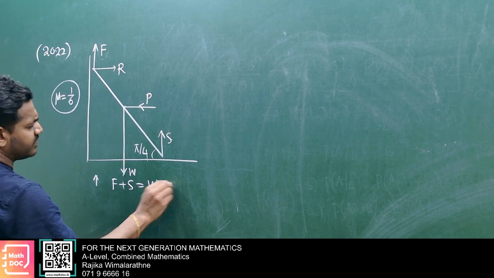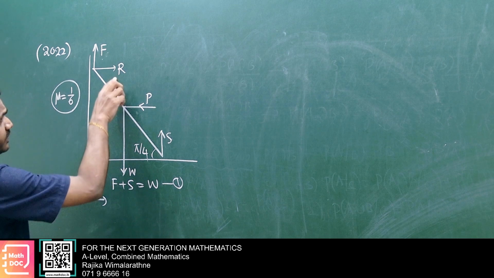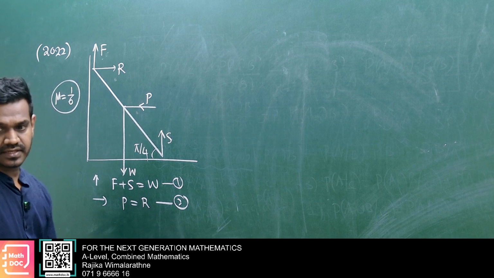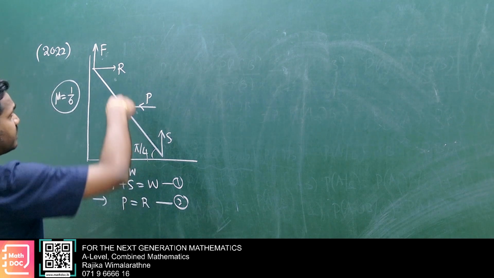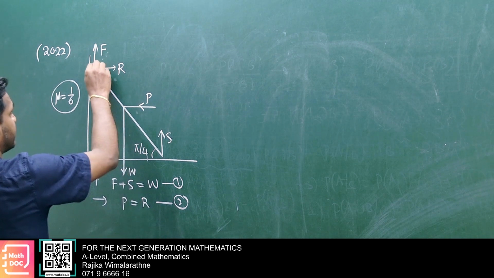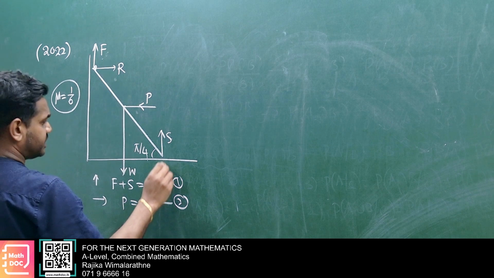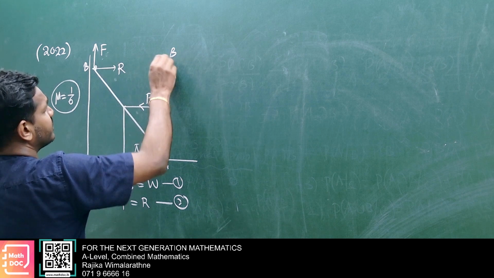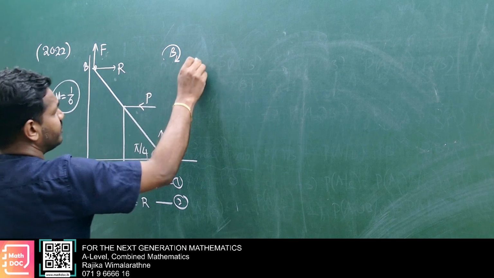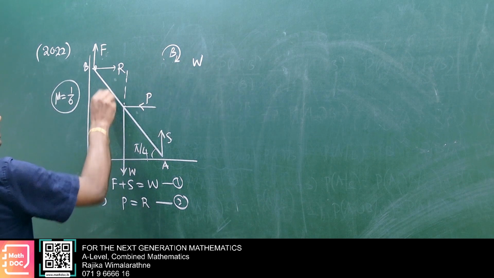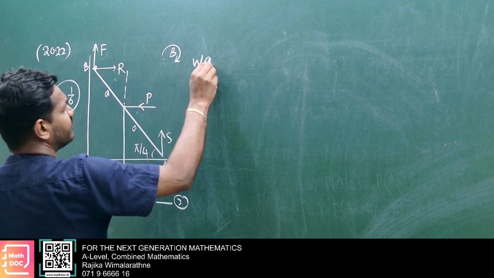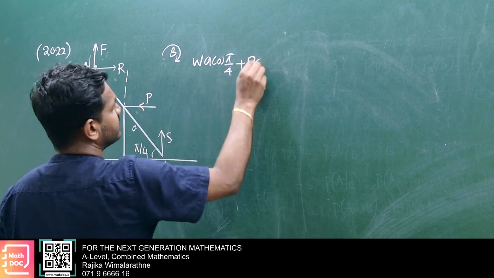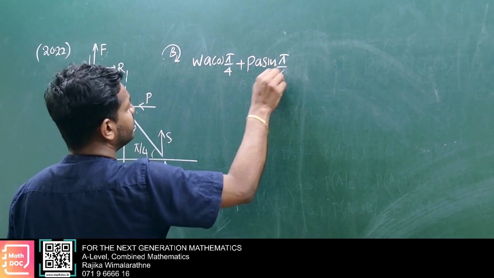So anyway, consider vertical forces F plus S equal W. Consider horizontal forces P equal R. Then take moment. So let's take moment about, here, let's say point A, point B. I'm going to take moment about B. Then W times here a cos pi over 4 plus P times a sin pi over 4.